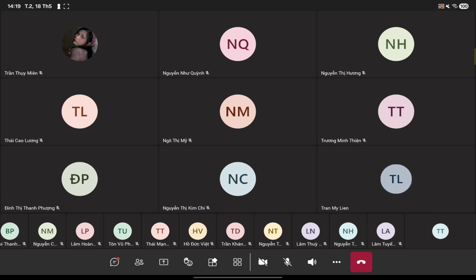Now, let's study the new chapter, chapter 10, the respiratory system. Today we talk about section 1, anatomy and physiology of this organ system.